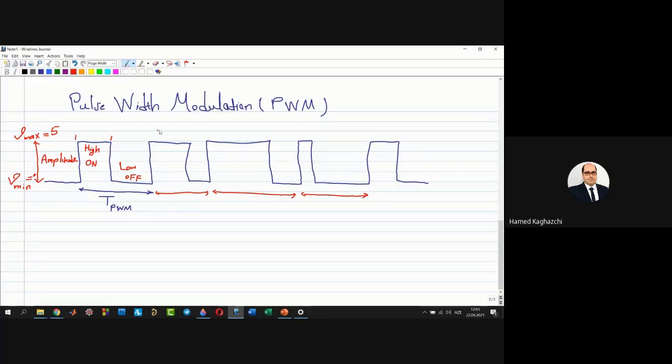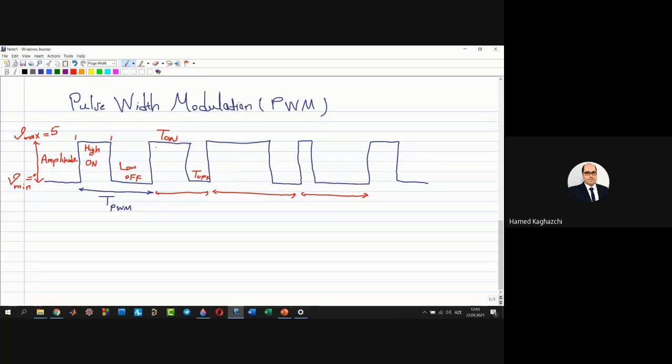This period is called T-on, the period in which the signal is at its high level. And T-off.